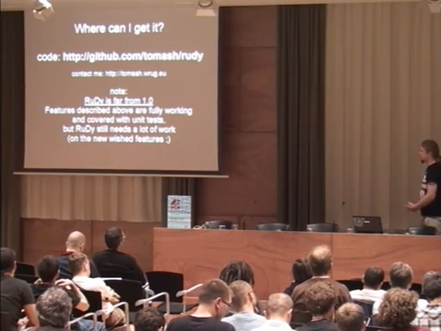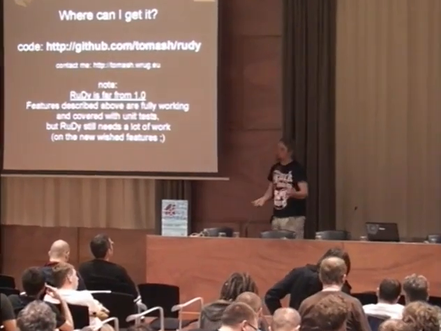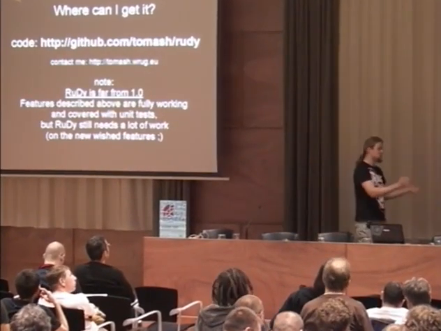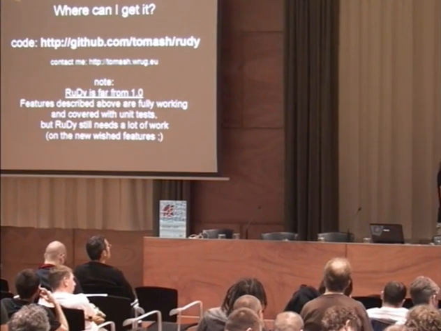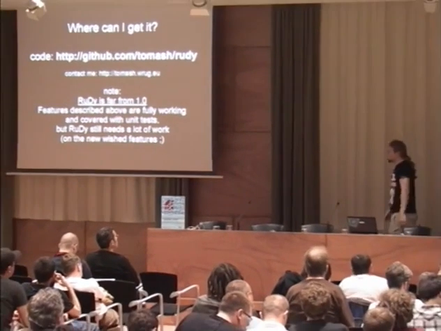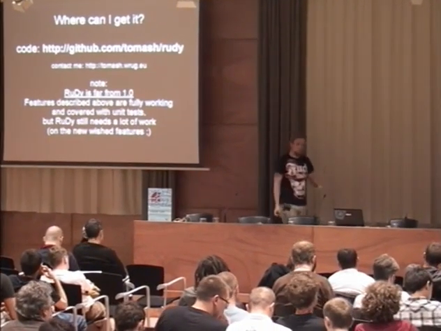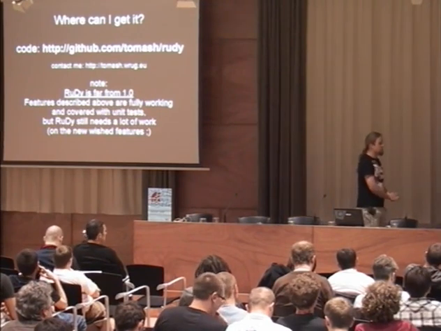And I think you can use it, maybe not in production yet, or if you can use it in production and find some bugs, maybe you could help me a lot. I can attest only for the tested things, but RuDy still needs a lot of work, as you could see on half of the slides.